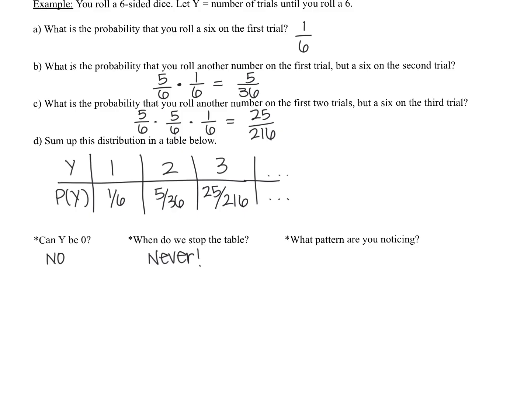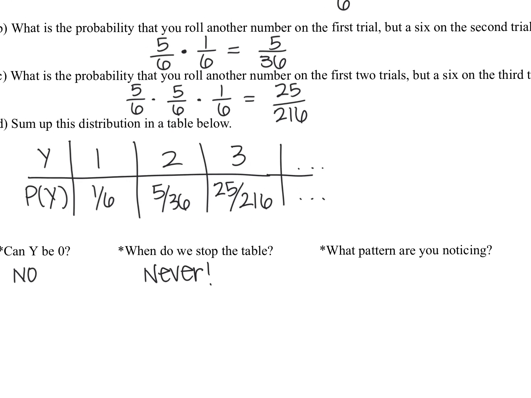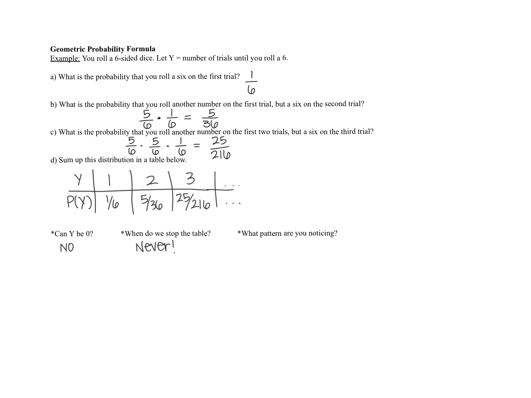So if we're looking at the pattern, we had 1/6, and then we had 5/6 times 1/6, and then we had 5/6 times 5/6 times 1/6. If we're looking at a pattern, it's your probability of failure, which was the 1 minus p, and then it was that many failures as an exponent times p, which is your success.